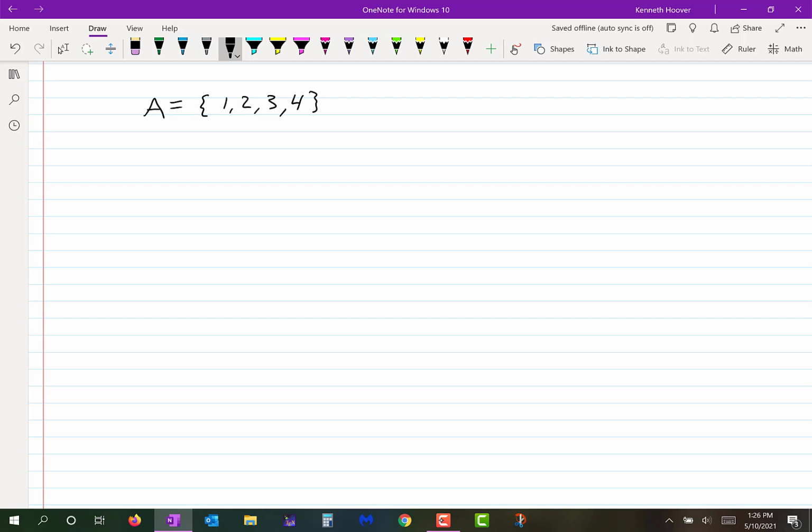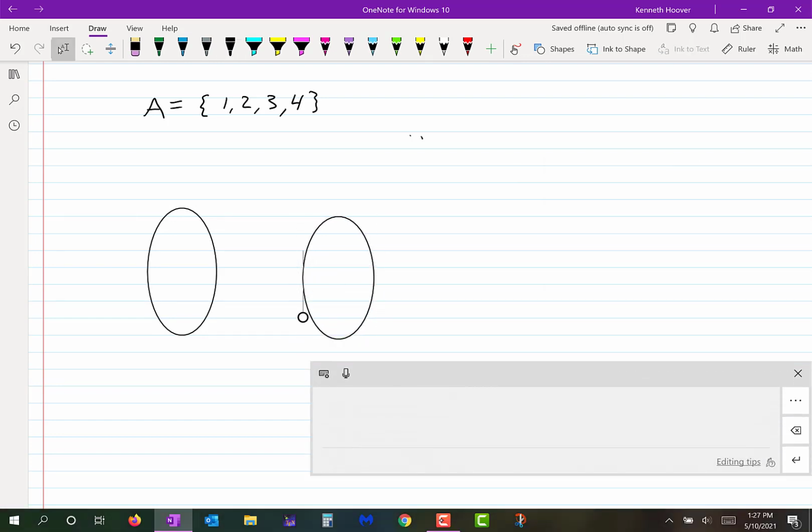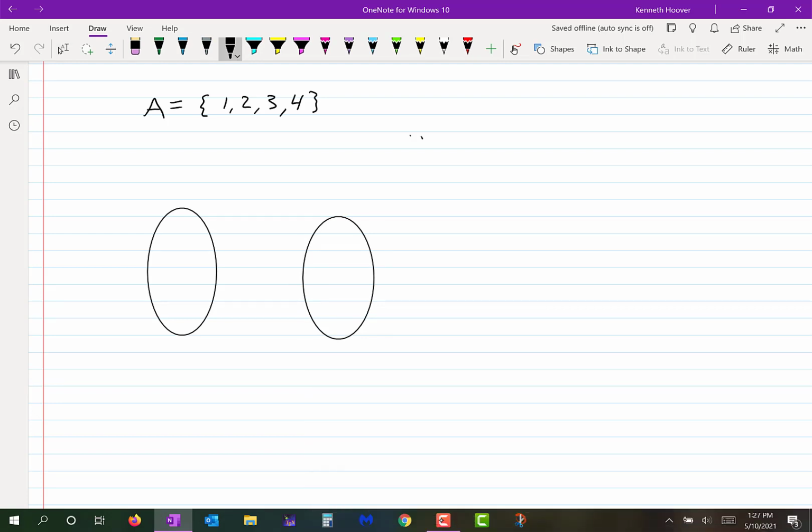Okay, and I'm going to draw a relation from A to A. So 1, 2, 3, 4, 1, 2, 3, 4.